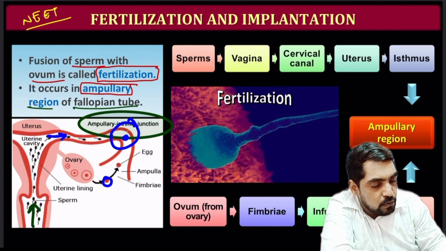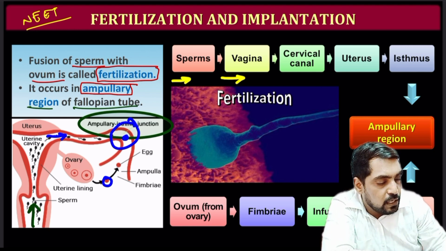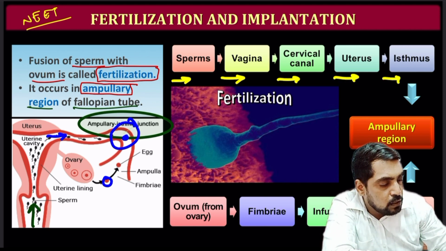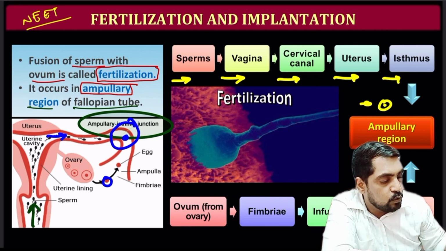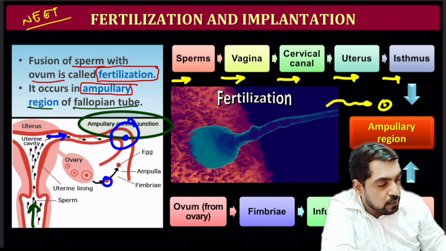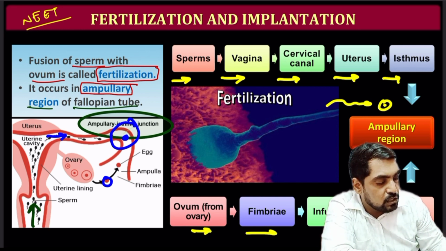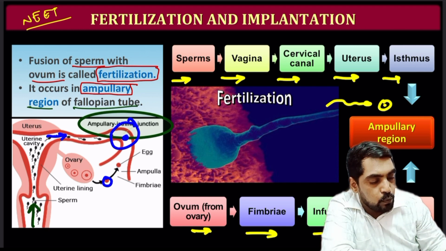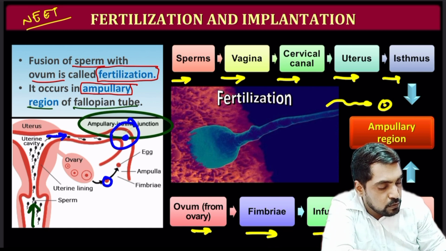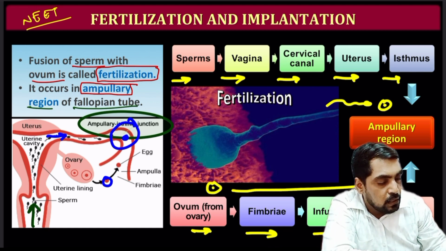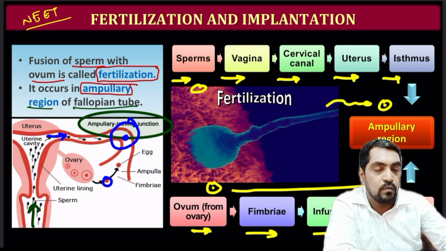The sperm is released into the vagina, passes through the cervical canal, goes into the uterus, isthmus, and finally the ampullary junction where the egg and the sperm unite. On the other side, the ovum is released from the ovary, collected by the fimbriae, and goes into the infundibulum and ampulla. So this pathway is for the egg and this pathway is for the sperm.